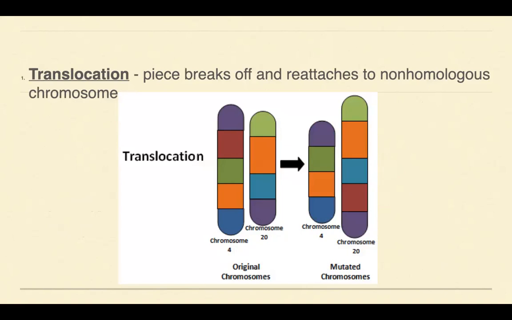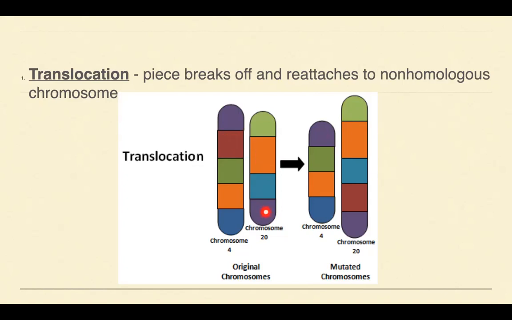So let's say this is the gene for eye color on chromosome 4. Oh wait, that's not the one that got exchanged. What got exchanged? Here, this one. Oh yeah, and the green one, these two got swapped. So if this is the gene for eye color, it went from chromosome 4 to chromosome, oh wait, what is it? No, I'm wrong again. Oh my God, these colors, I hate these colors.